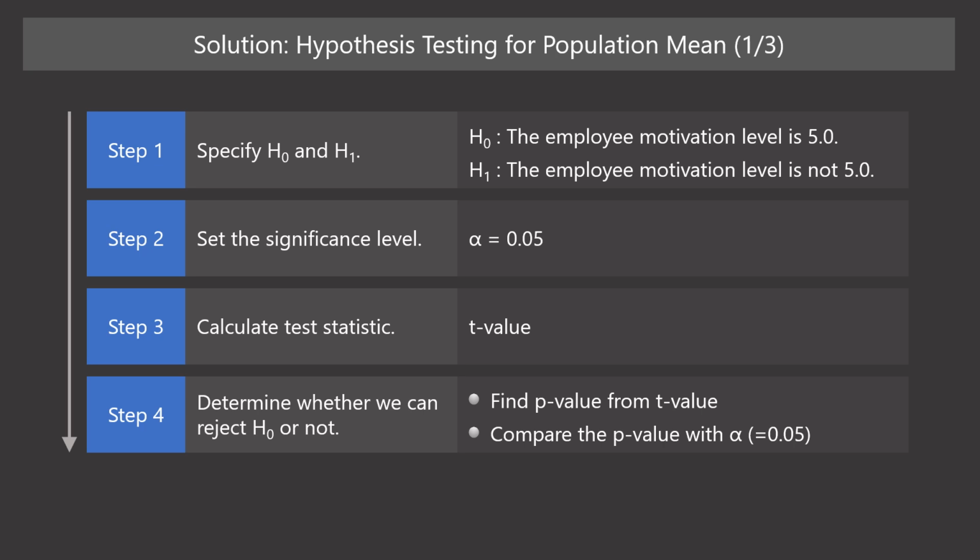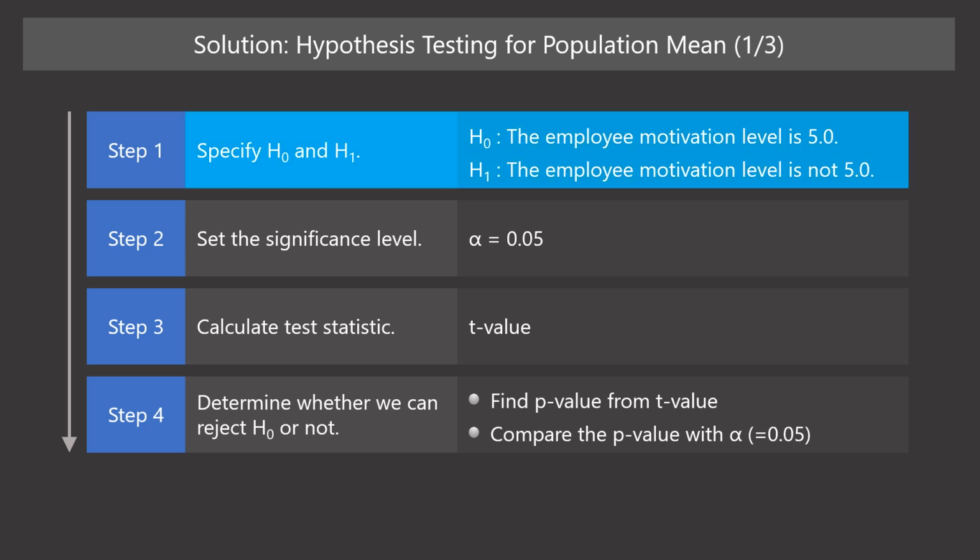You already know the process of statistical hypothesis testing. Here, we use a two-tailed test. Let's implement hypothesis testing for population mean by following these processes. First, let's specify null and alternative hypothesis.